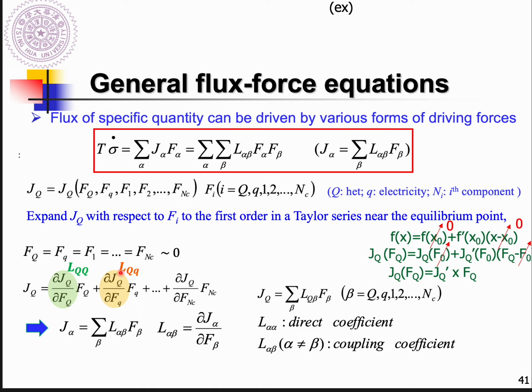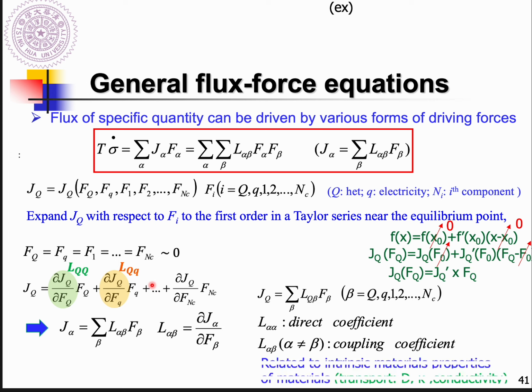And as I mentioned before, when you write down the coefficient part, the right-hand side term means the driving force, and the left-hand side means what kind of flux it contributes to. It can be the heat flux, electrical current density, or the atomic flux. Okay, so now we know the physical meaning of the direct and coupling coefficients.